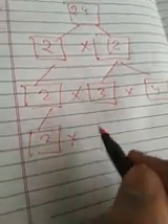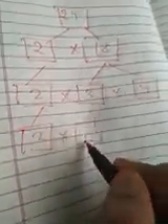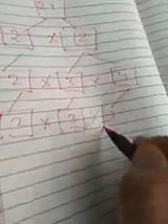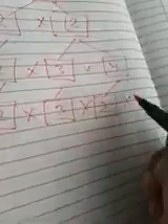Now 2 will remain 2, 3 will be the same. Now 4 can be written as 2 into 2. So this is the factor tree of 24. Similarly, second part, 45.